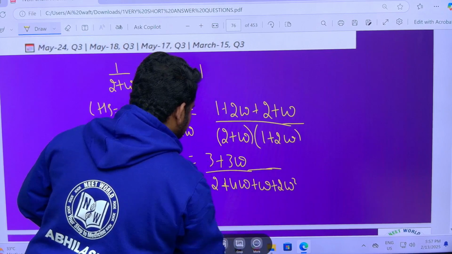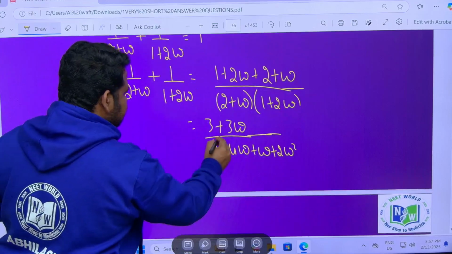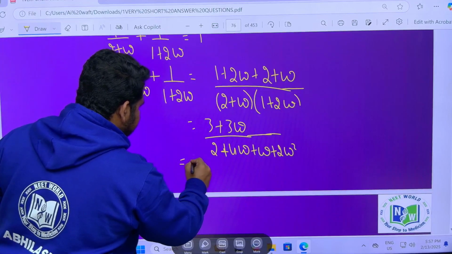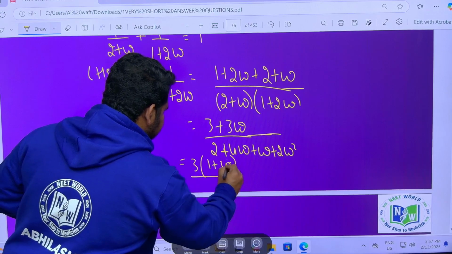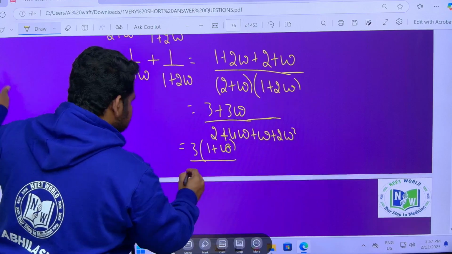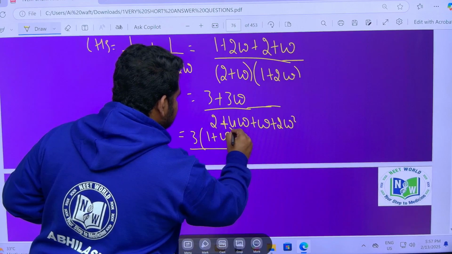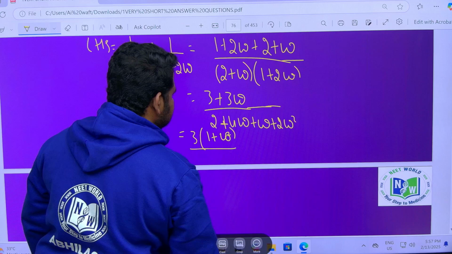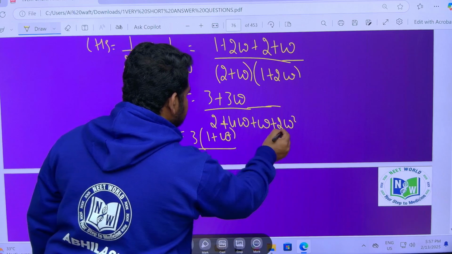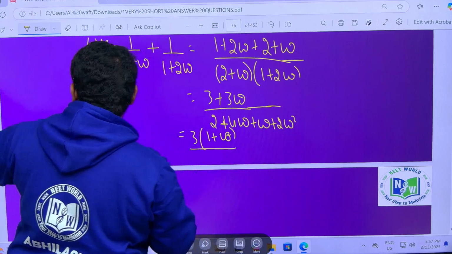Now what I can do is take 3 common. So this will become 3 into 1 plus omega, divided by 2 plus 4 omega plus omega plus 2 omega square. So here 2 into 1 plus omega is there.